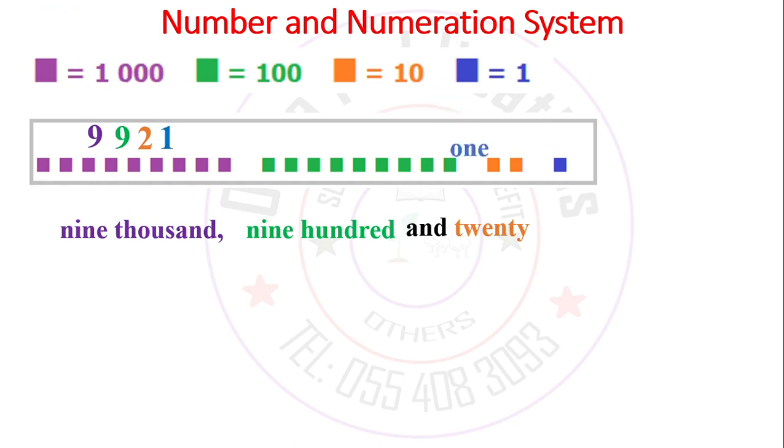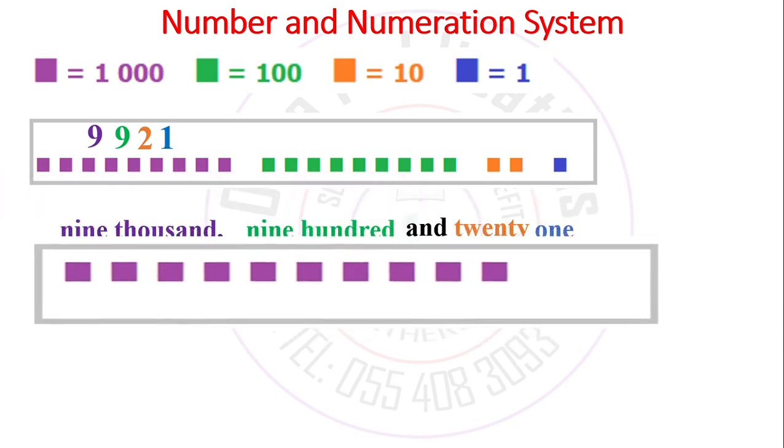So, 21. The last 2 digits of a number are mentioned in the way they are when they stand alone. So we say 9,921.